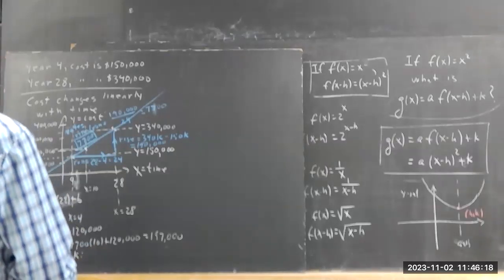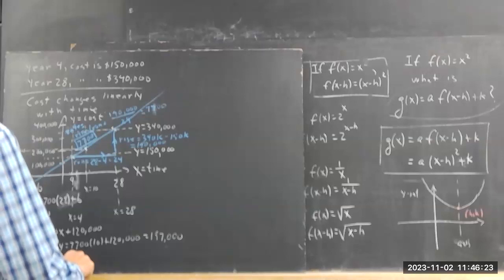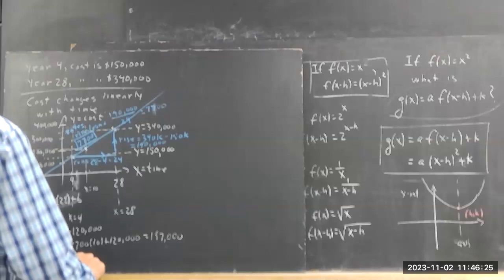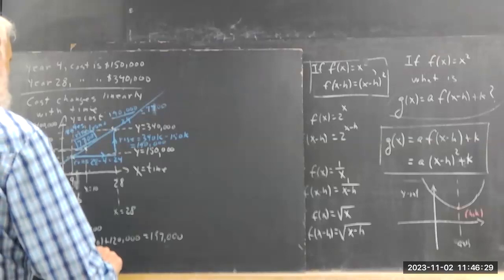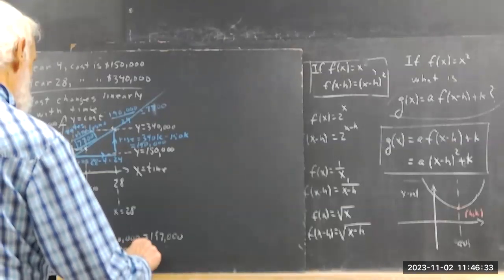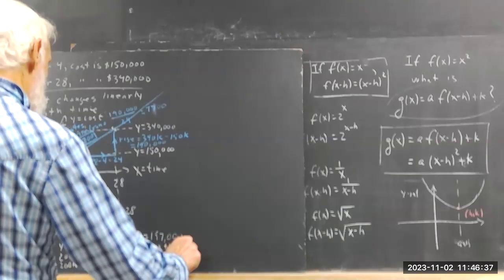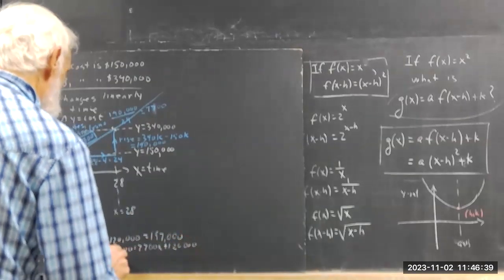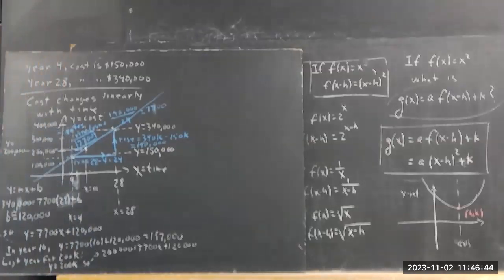We let y equals 200,000. So y would be 200,000 plus 77,000 x plus 120,000.